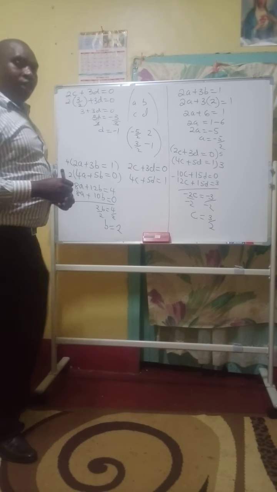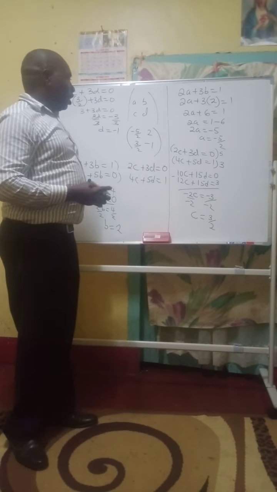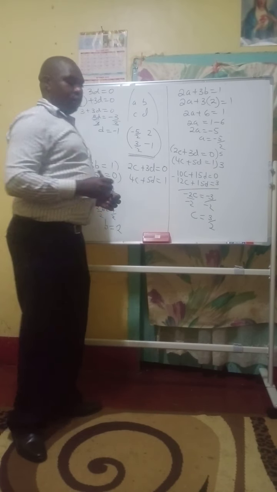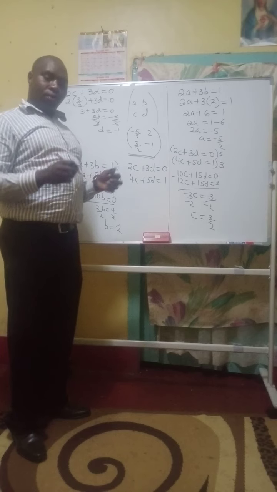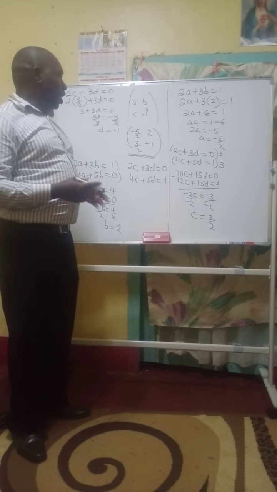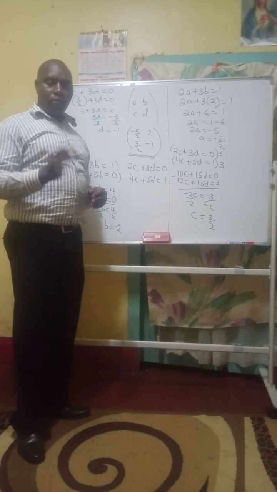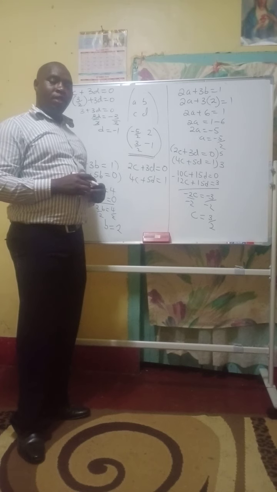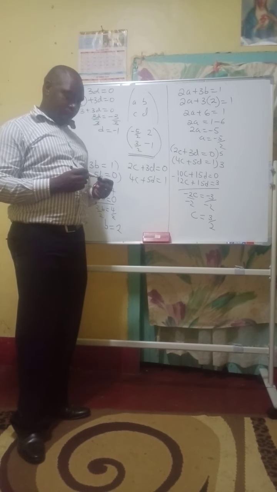Now, you can remember this is exactly the matrix that we had found, and this becomes the inverse of the matrix that we started with, that is 2, 3, 4, 5. And this is the matrix when multiplied with the initial matrix gives us the identity matrix.